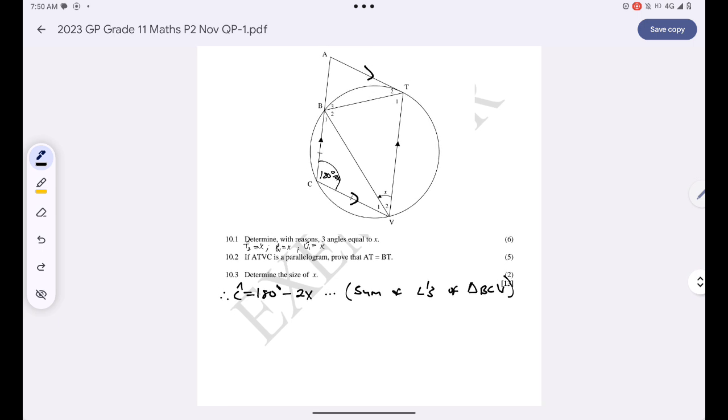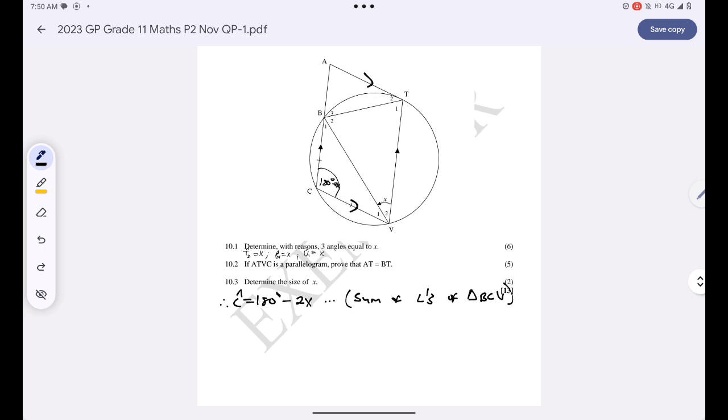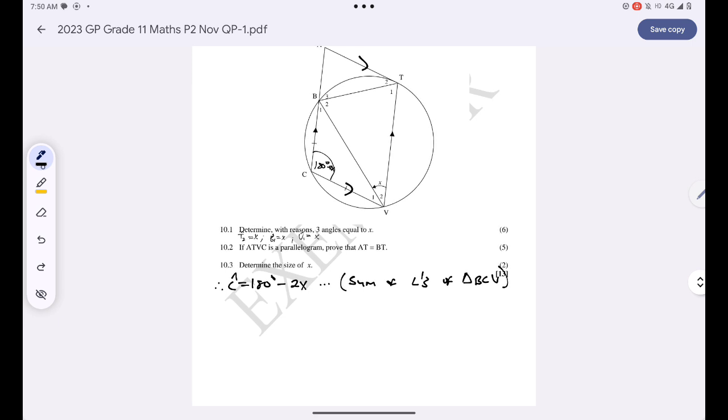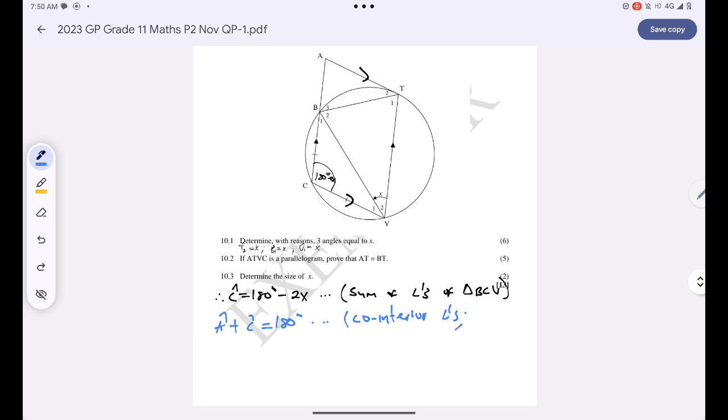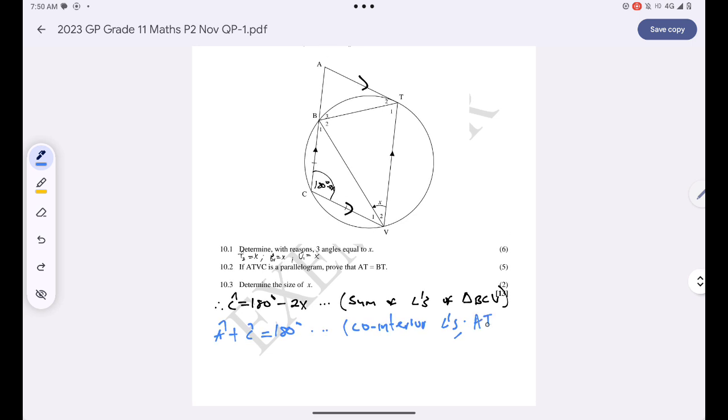So angle A plus angle C are supplementary. Why? Because they are co-interior angles, and these two angles are co-interior because AT is parallel to CV. Why are they parallel? Because these are opposite sides of a parallelogram.